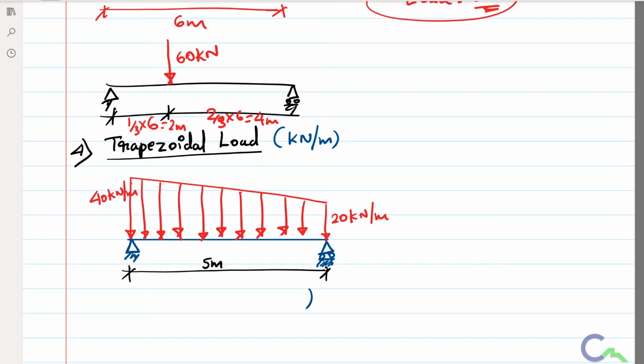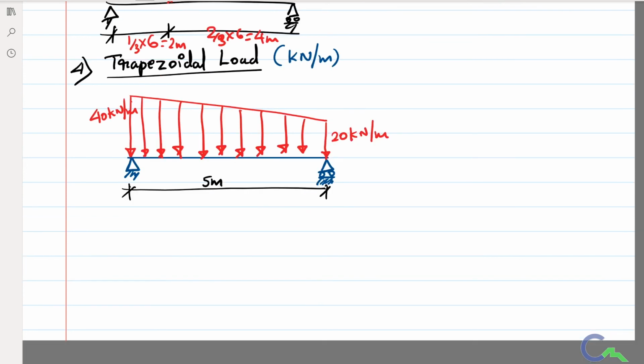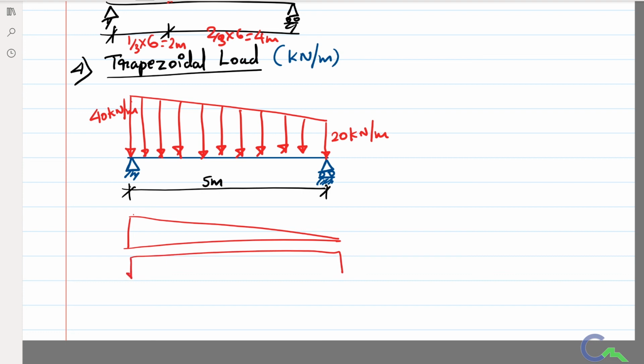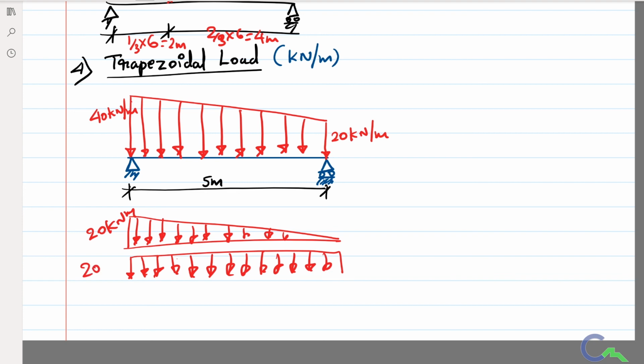The next load I am going to discuss is the trapezoidal load. It is nothing but a combination of one UVL and one UDL. In this case, if I divide this load into UVL and UDL, the UDL intensity is 20 kilonewton per meter and the UVL intensity is 20 kilonewton.